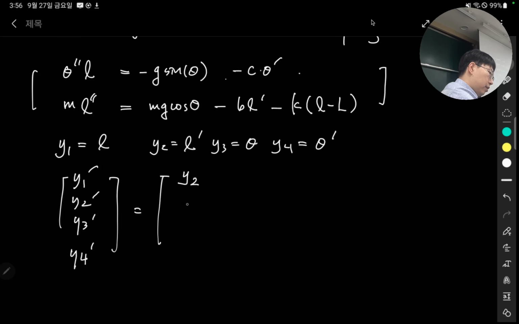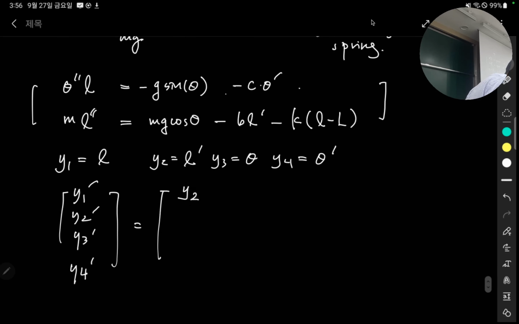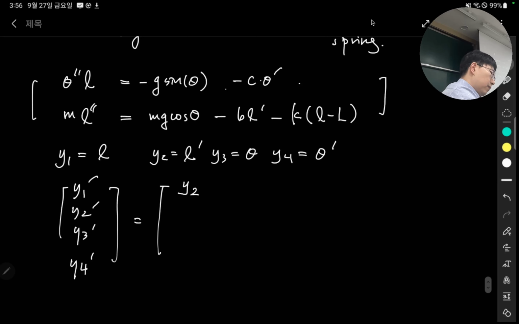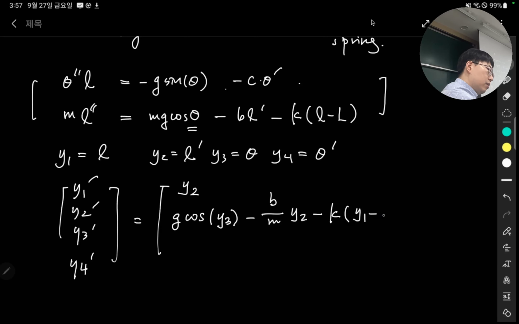Second one is g cosine y3, since I moved my m to the right hand side, minus b over m y2 minus k over m (y1 minus l).